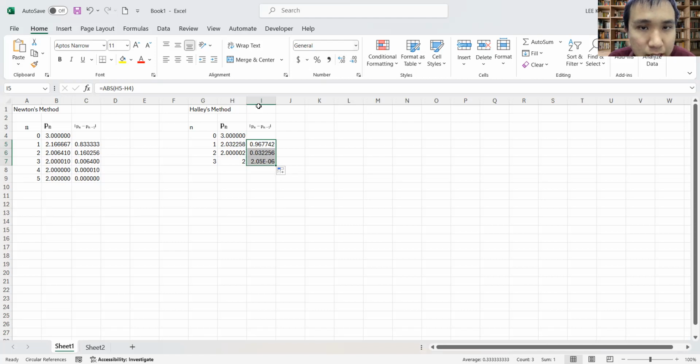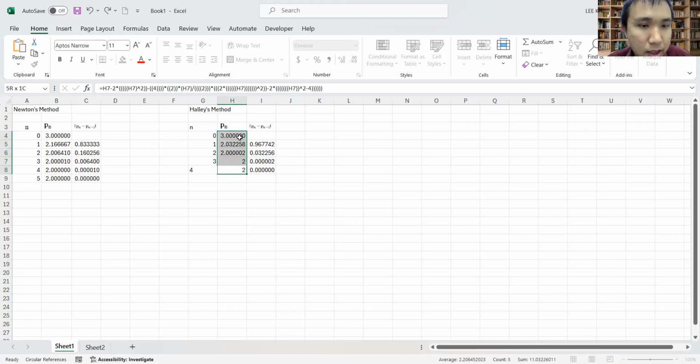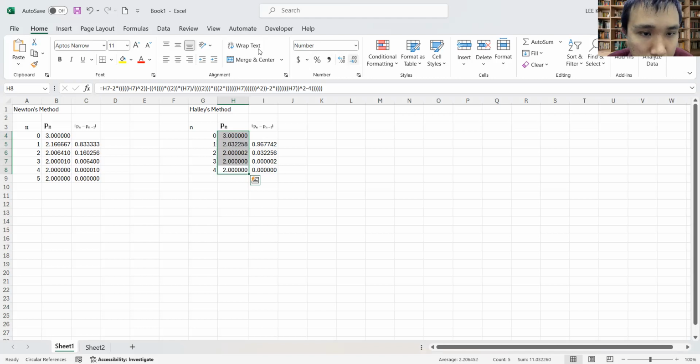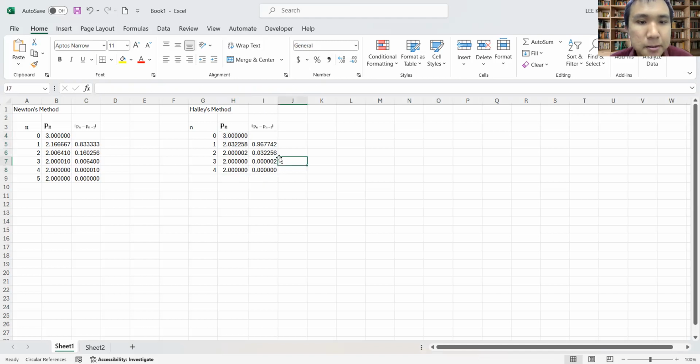We change these settings into numbers if there are issues, and then we bring them to 6 decimal places. We continue down. We just drag down in Excel, and then we'll get the stopping criterion. We'll adjust this to 6 decimal places. So we have achieved 6 decimal places.